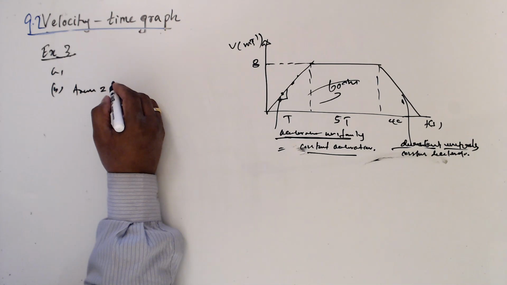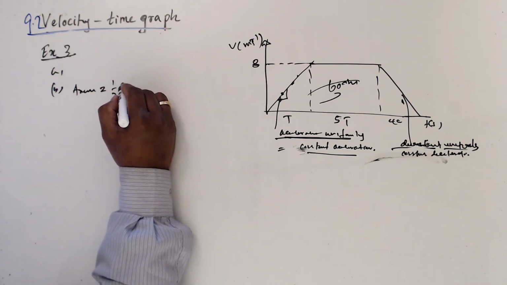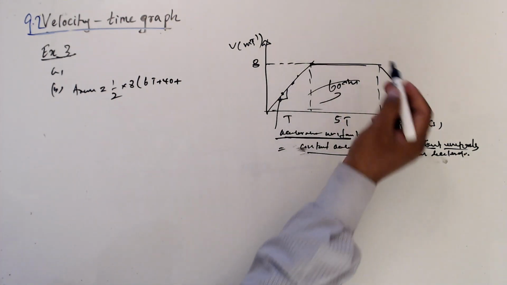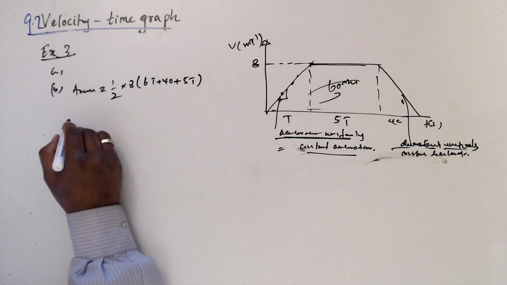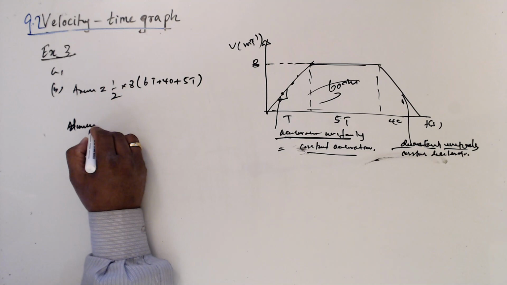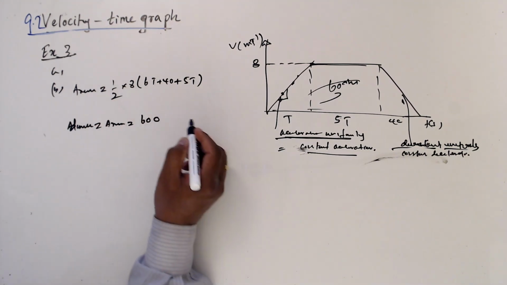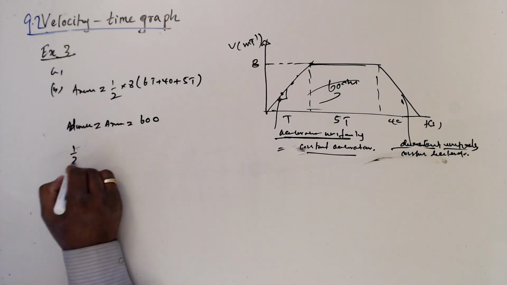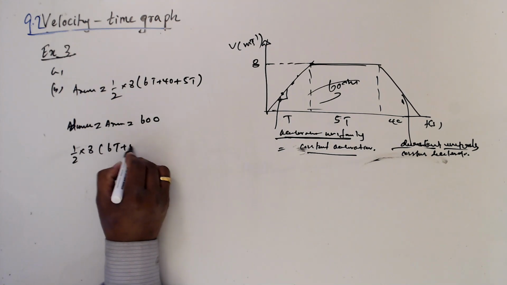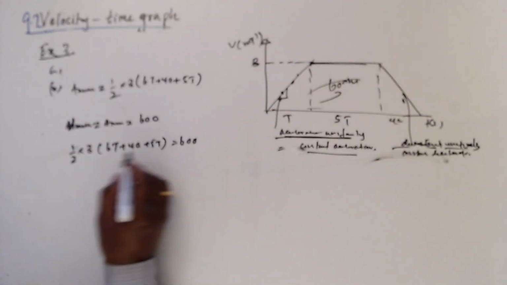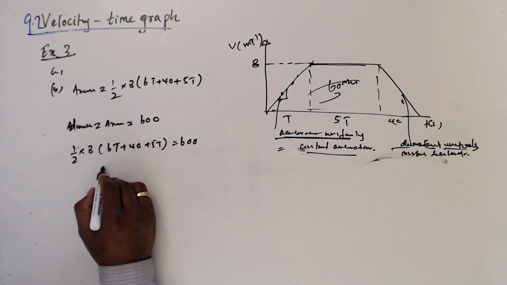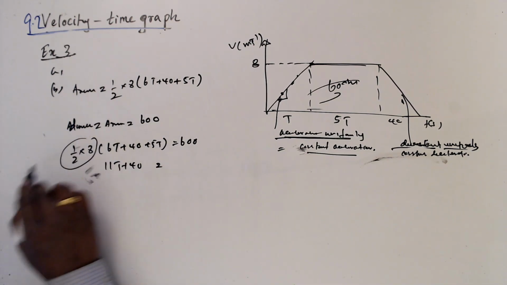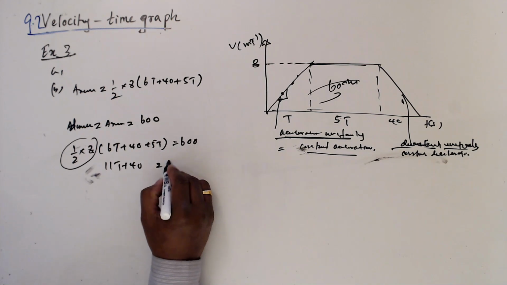Area is half times perpendicular height 8, times 60 plus 40 plus 5t, and distance equals area equals 600, given. Then 600 equals half times 8 times (60 plus 40 plus 5t). So 60 plus 5t, 11t plus 40, equals 600 divided by 4, which is 150.